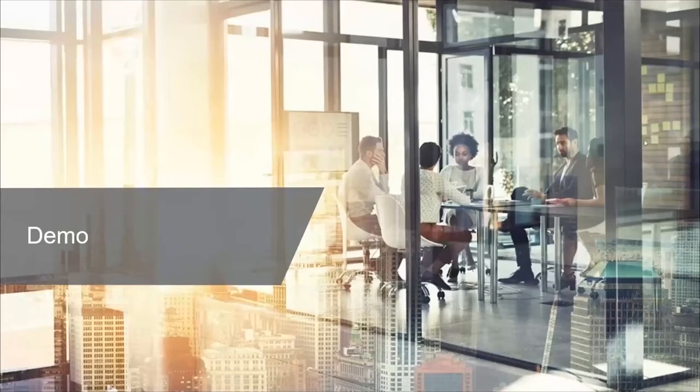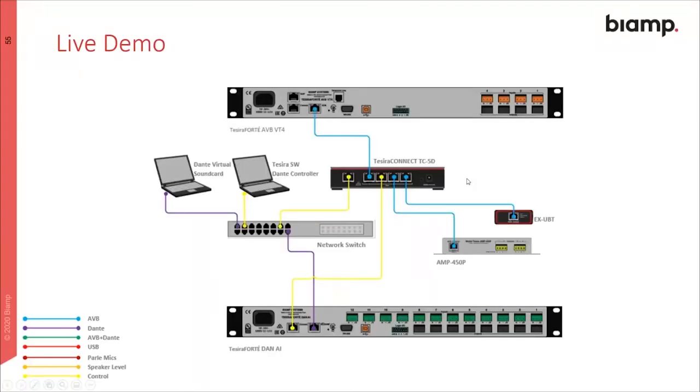Let me see. Yes. So I do have a demo setup, and it looks something like this. Not exactly, but similar. I have a Tesira Forte AVB VI instead of a VT4, and I've got a Tesira Forte DAN VT instead of an AI, and a TC5D, XUBT, AMP450p, all of that is the same.